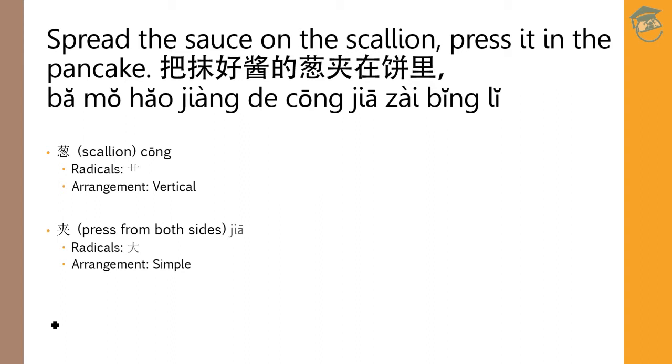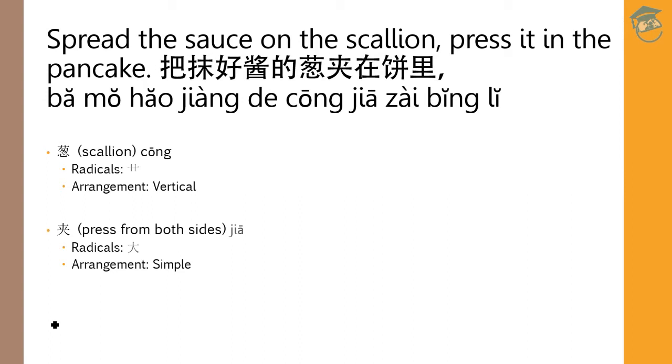So for this one, you are just saying that the scallion has already had the sauce spread on it. Alright, you have finished spreading the sauce on the scallion, then you press it in the pancake. Okay, so there are two actions here: one is that you have done spreading the sauce on the scallion, and the next one is 加在饼里, which means to press it in the pancake.